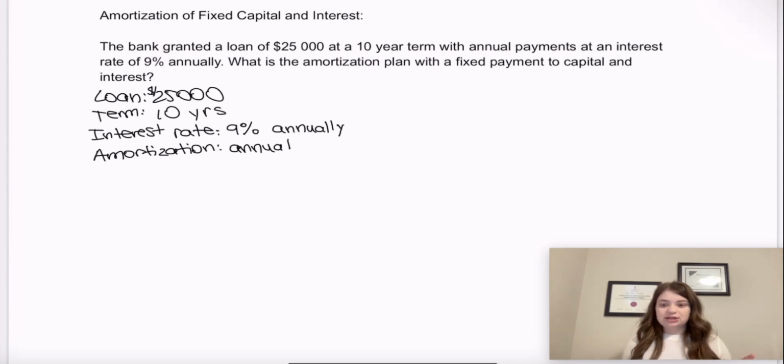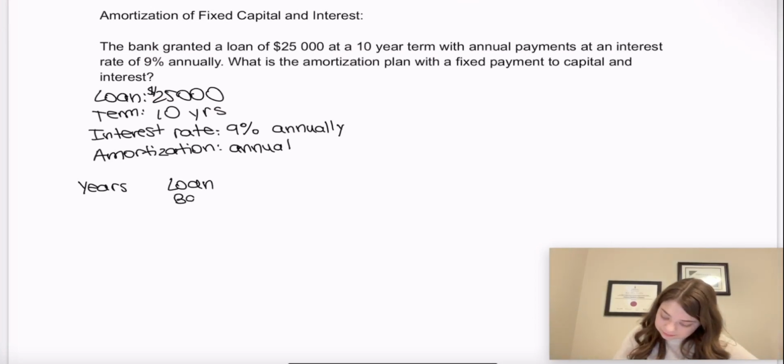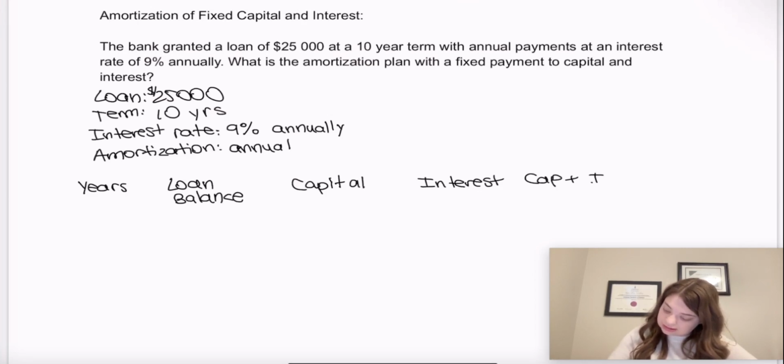So for the amortization plan, first I'm going to write down the years because our amortization period is yearly. Then I'm going to write down the loan balance, then the capital, then interest, and then capital plus interest.